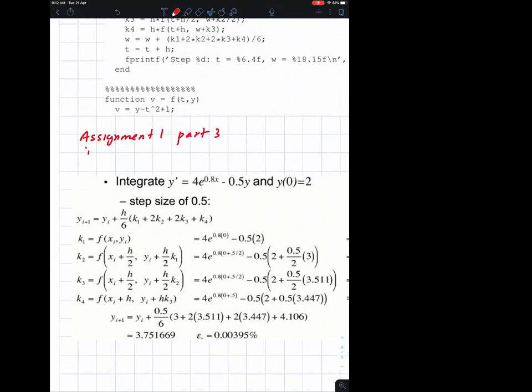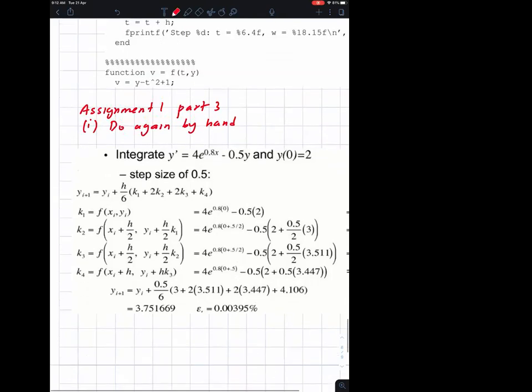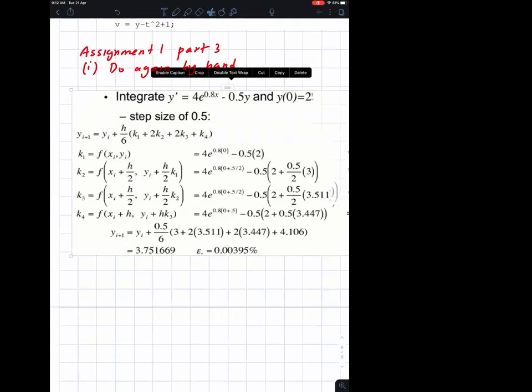The first thing we'll do has been done for you. You do it again. Practice is required because in the exam, you don't have MATLAB.